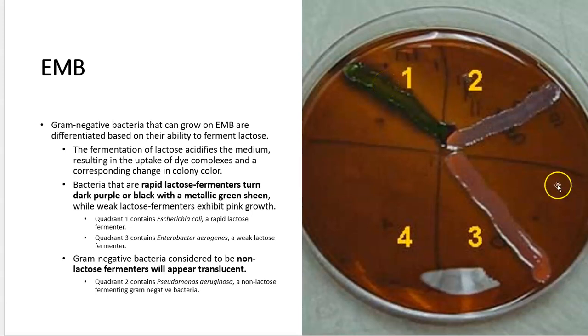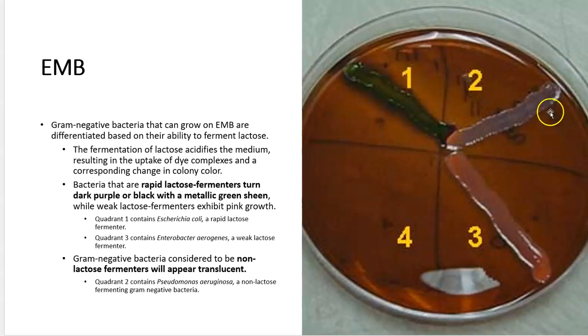In quadrant 3 down here, we see this kind of pink growth. So this is a gram-negative bacteria that is a weak lactose fermenter. So it does not ferment lactose rapidly, although it does ferment lactose. So typically with this type of plate, if the growth was a pink color, that's an indication of weak lactose fermentation. And then there are some gram-negative bacteria that are going to grow on this plate. They just don't ferment lactose.